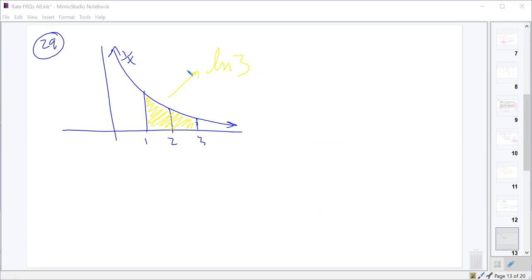If we were to use a left Riemann approximation, does that approximation give us a value that is greater than or less than the natural log of 3? Greater than? Should be greater than the natural log of 3, right?